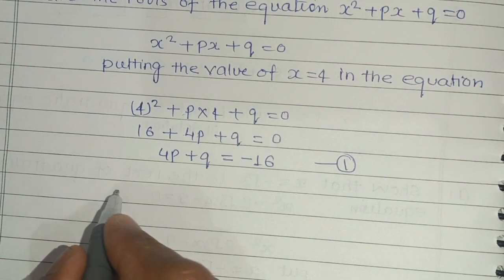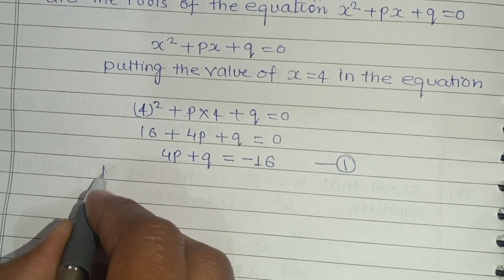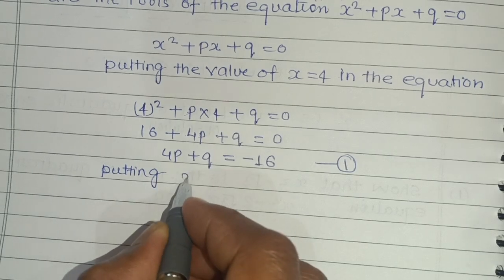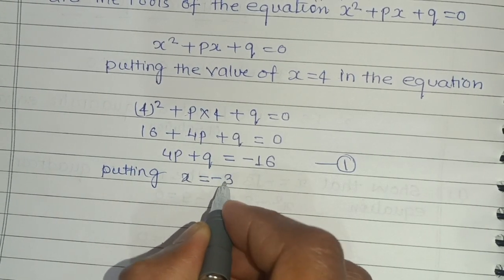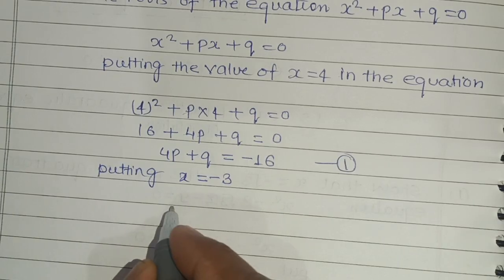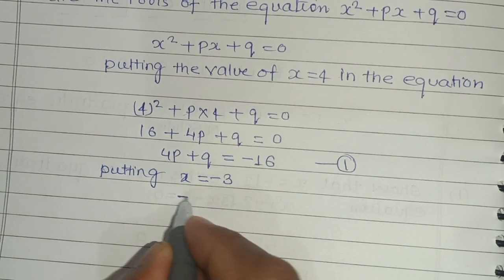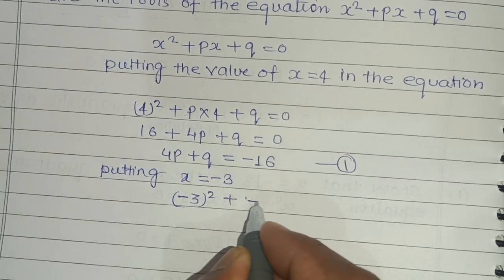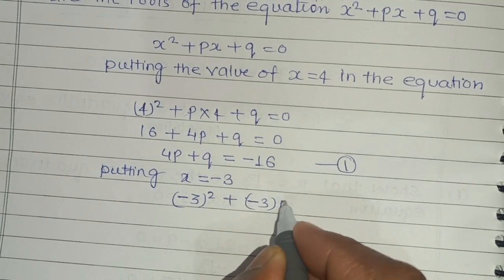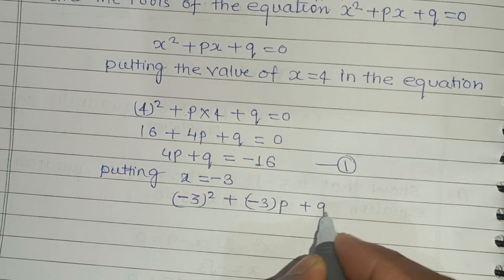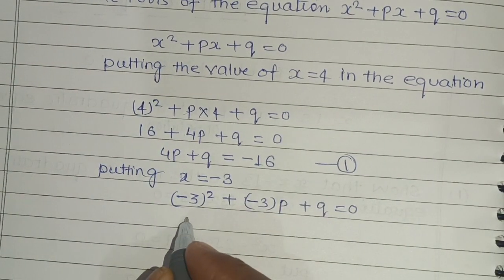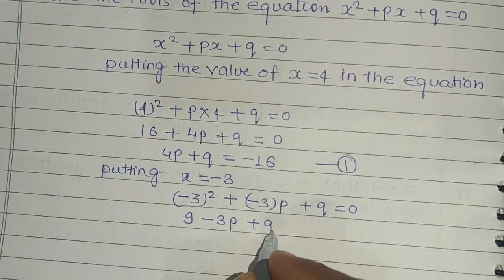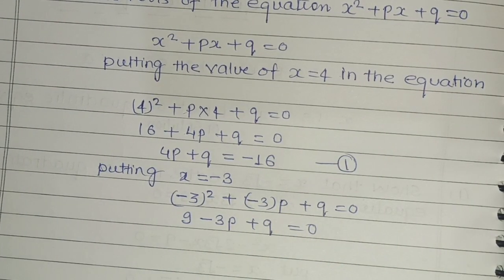We will get, so putting x equal to minus 3, so what we will get, that is minus 3 whole square plus minus 3 into p plus q is equal to 0, that is 9 minus 3p plus q is equal to 0.